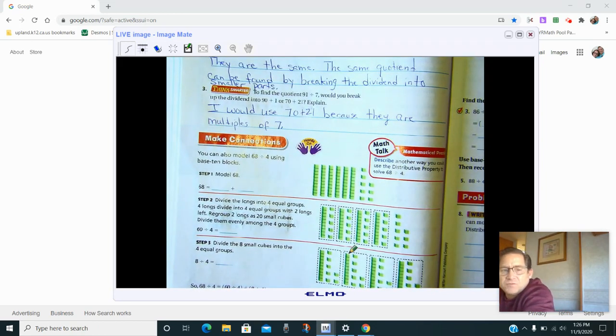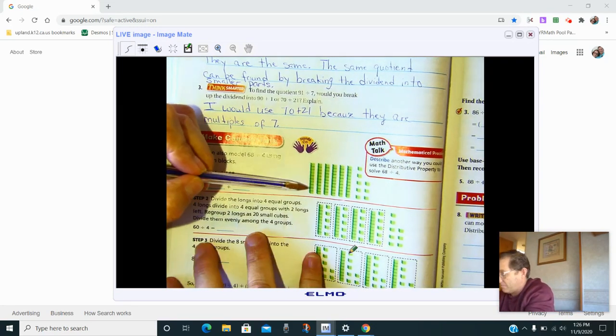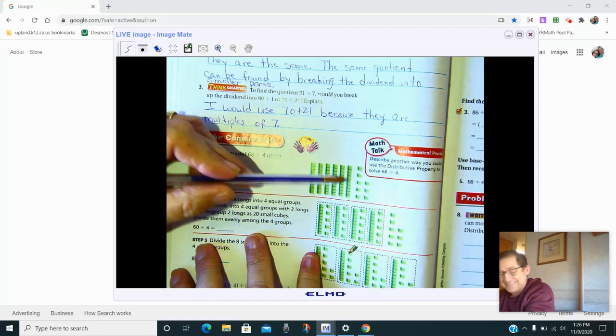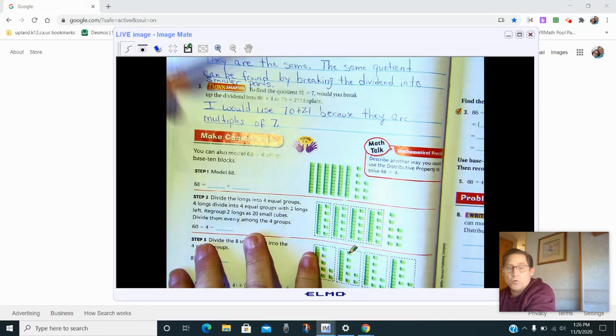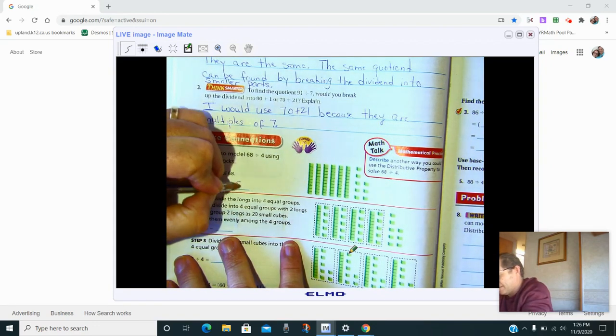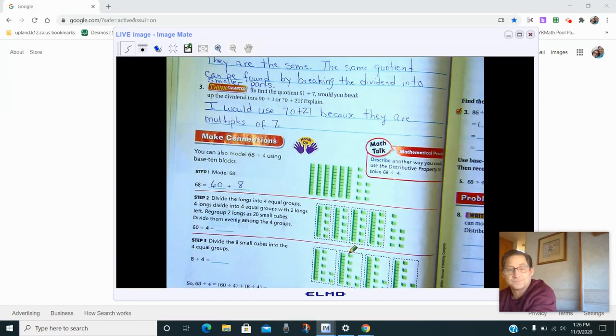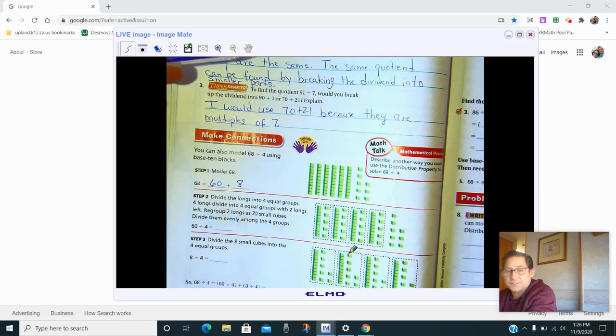Well, we can also model 68 divided by 4 by using base 10 blocks. And so if we model 68, we see that we have 1, 2, 3, 4, 5, 6 ten rods, and we have 8 ones. So 68 could be written as 60 plus 8. All right. And now we're going to divide the longs into 4 equal groups.